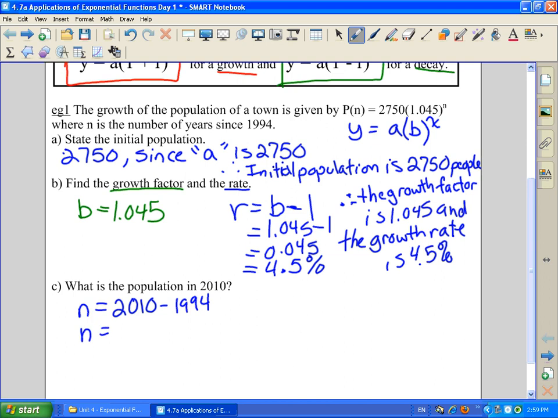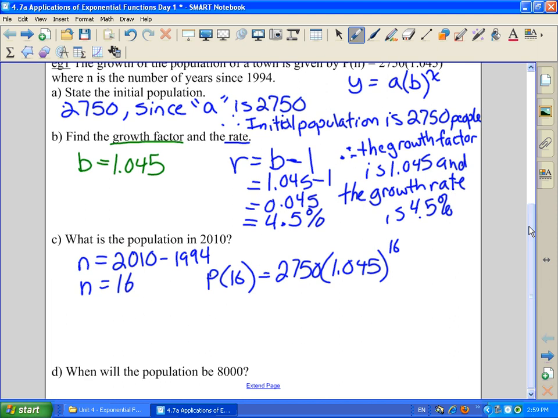So N equals 16. So to find the population for 16 years, you go P at 16 equals 2,750 times the base, 1.045, all raised to the 16th. Plug that in your calculator just as is, ladies and gentlemen.